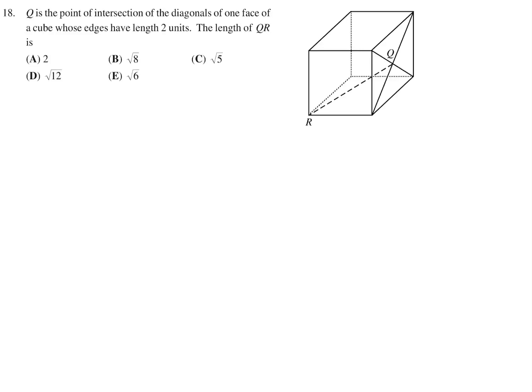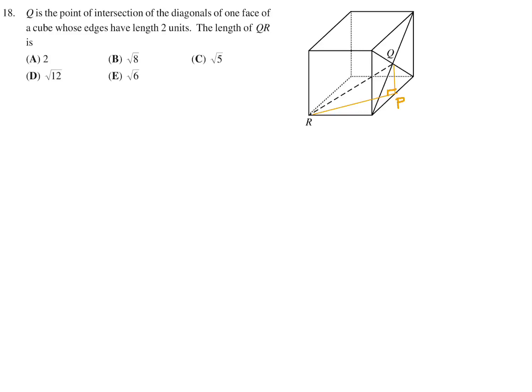Q is the point of intersection of the diagonals of one face of a cube whose edges have length 2. The length of QR is? All right, so the first thing we need to do is draw some perpendiculars here. Right there and right there. And this is a right triangle. Right there is the 90 degrees. And I'll label this QR.